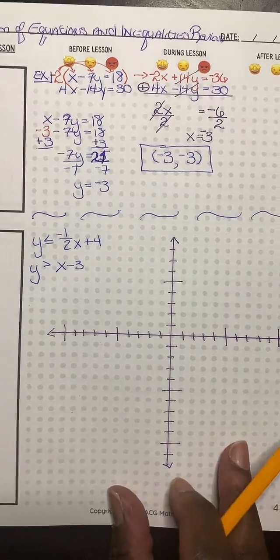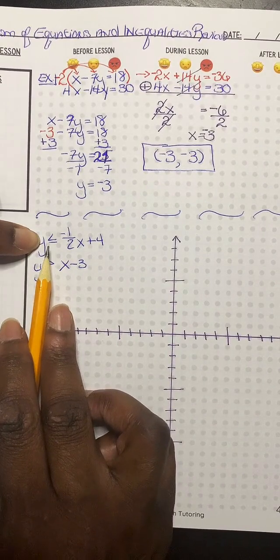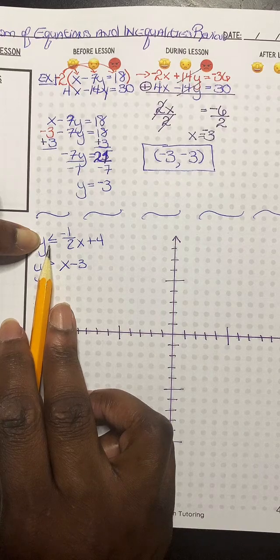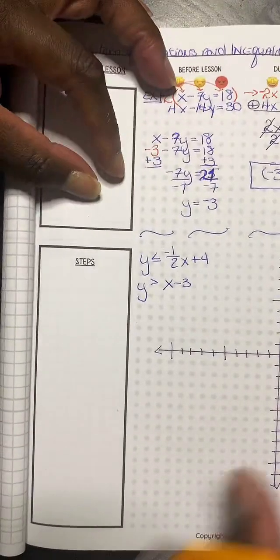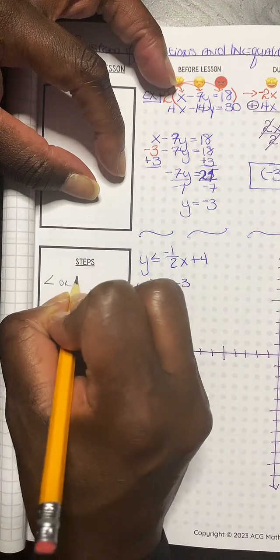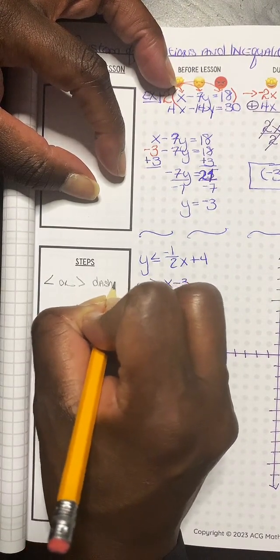All right, so when it comes to inequalities, when you have less than or equal to or greater than or equal to, you're going to draw a solid line. So let me put this off to the side here. So less than or greater than, we have a dashed or dotted line.